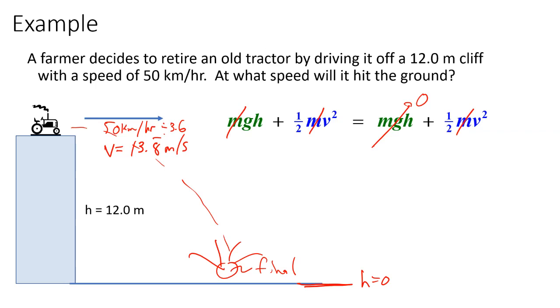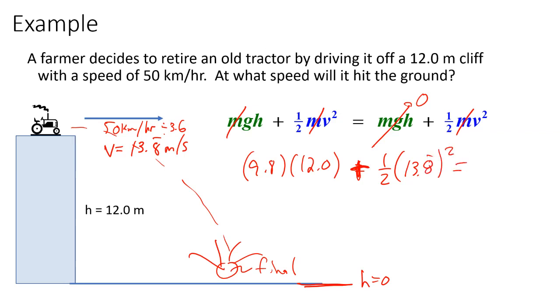Okay, and we're left with just plugging and chugging some numbers. So at the top, we've got gravity times our height above the ground. It's going to be equal to our kinetic energy at the top, that'll be 1/2 times 13.8 squared.